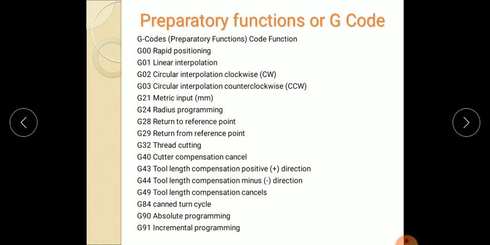So here this is some of the standard codes which are normally used for the programming of the CNC machine. So here with the help of these codes we can program the machine, that is, we can get the output for the desired drawing.